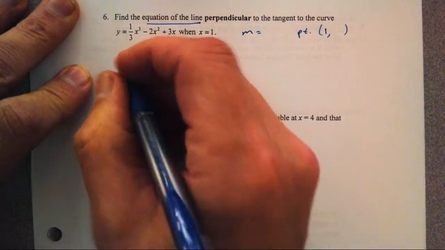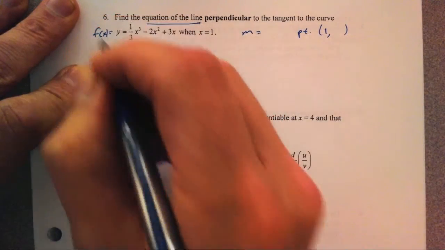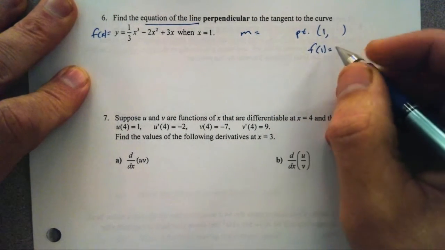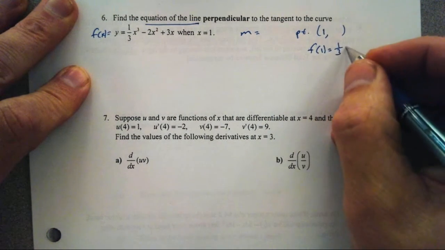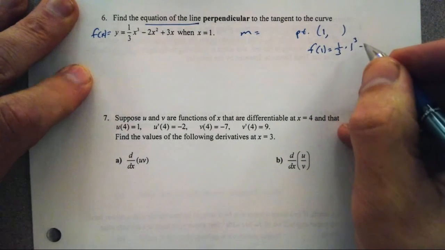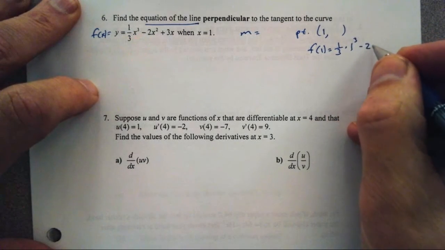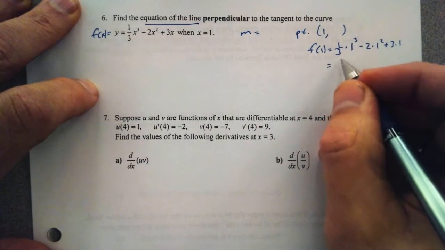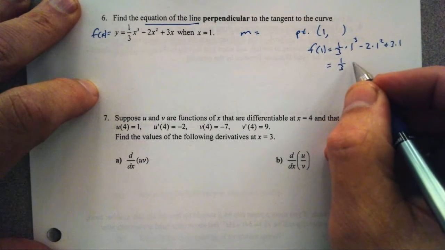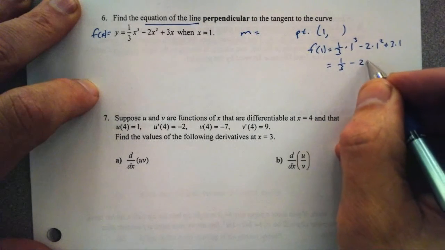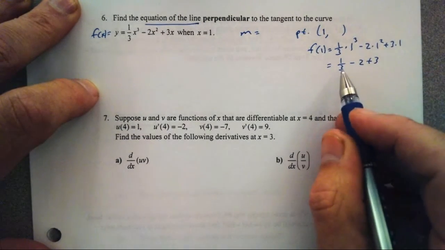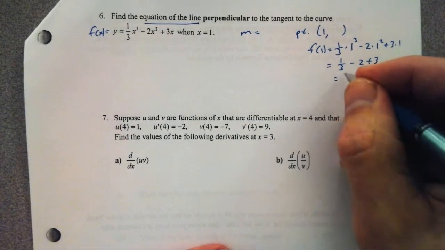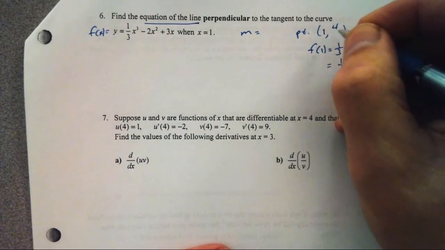Well, if I call this f of x, I need f of 1. f of 1 would be 1/3 times 1 to the 3rd minus 2 times 1 squared plus 3 times 1, or 1/3 minus 2 plus 3. That's 3 1/3 minus 2. That's 1 1/3, or 4/3.